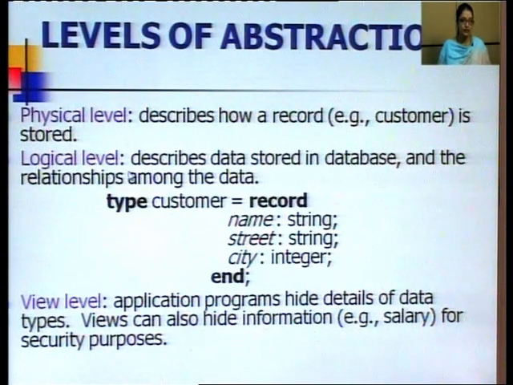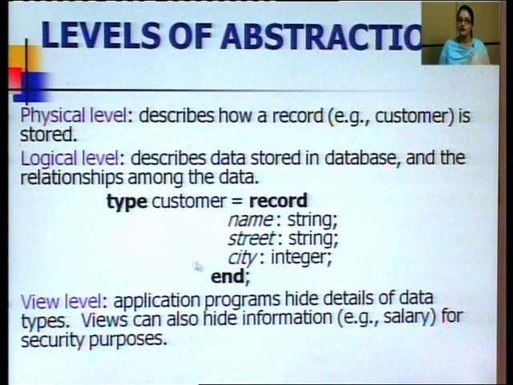Next is the logical level, in which we describe the data which is stored in the database and the relationship among those data. For example, if we have a type customer equal to record, we have a record of customer type having the attributes name, street and city, and this is the end of the program.